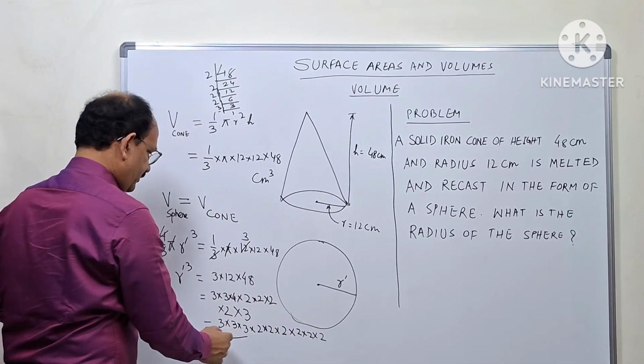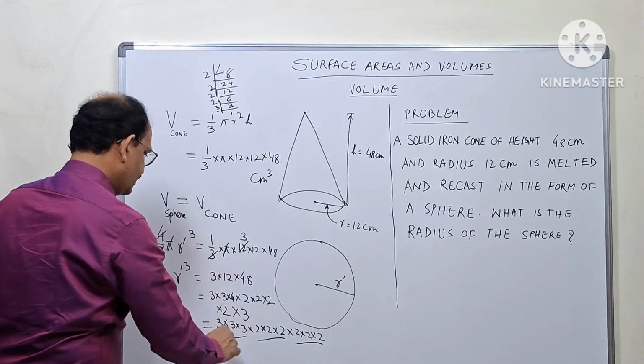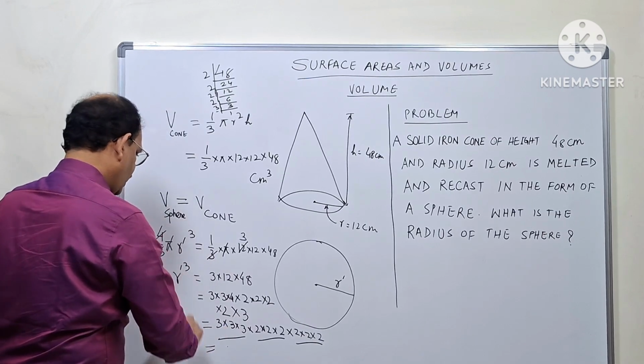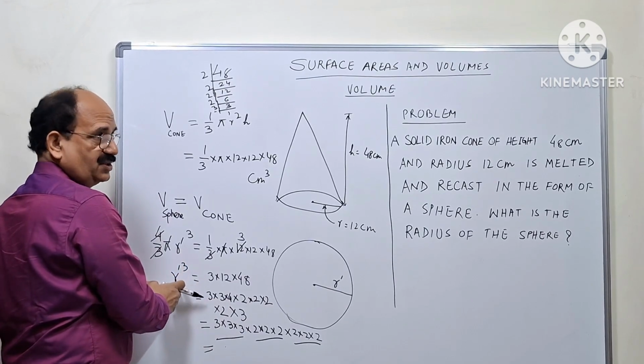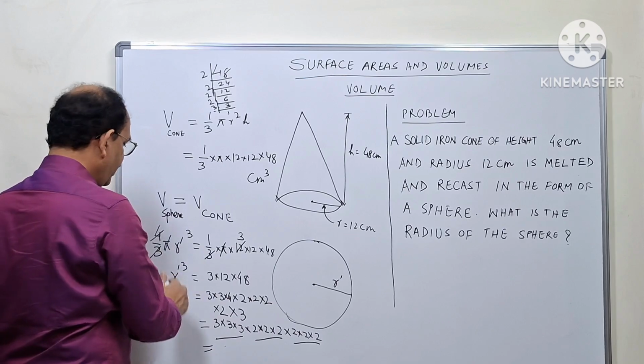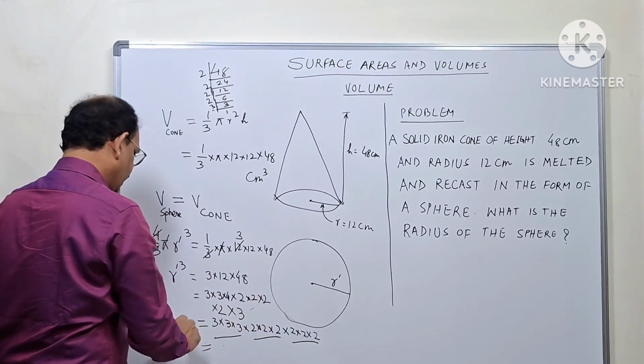So why did I do this? Because here it is r dash cube, so I have to find the cube root of this number.